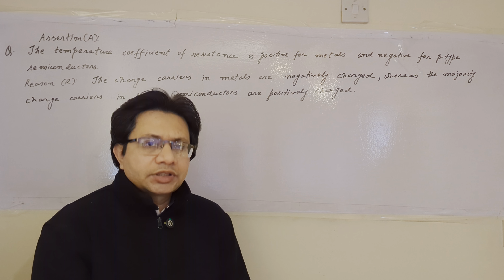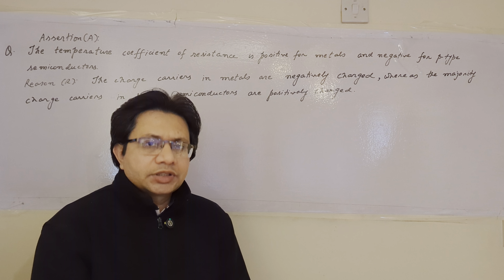So the problem is based on the concept of the temperature coefficient of resistance. Now, to understand this assertion-reason problem, we have to understand when the temperature coefficient of resistance is positive and when it is negative. The temperature coefficient of resistance, denoted by alpha, if positive, means that the resistance increases when temperature increases.